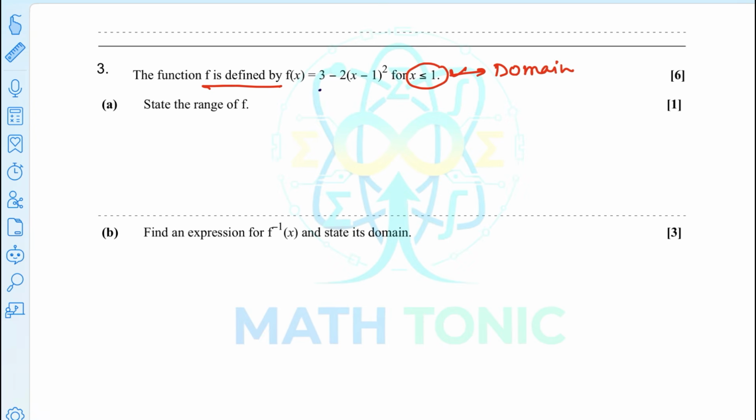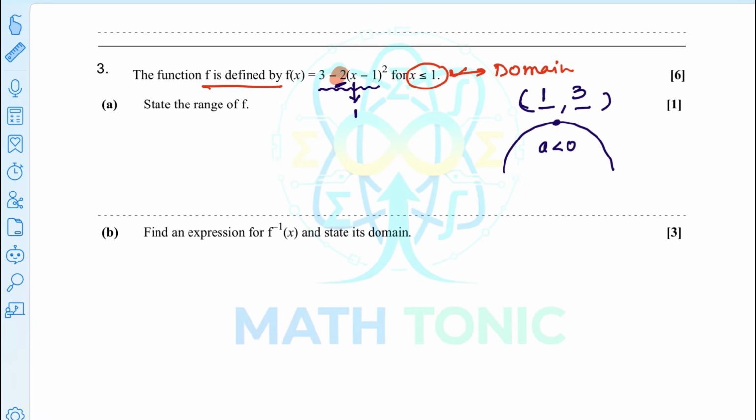See, if I try to draw this graph on graph paper, how will the graph look? The graph will look like an n kind of shape. Why? All of us know here a is negative because a is given here as minus 2. That's why. Okay, and if I try to find the stationary point, or we can say turning point, what will the turning point be? So what value of x? It will be 1, and y will be 3, so (1, 3) is the turning point, the stationary point.